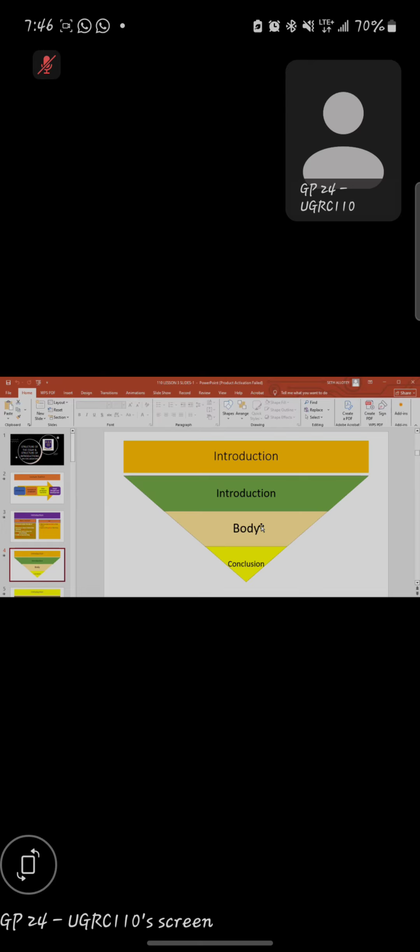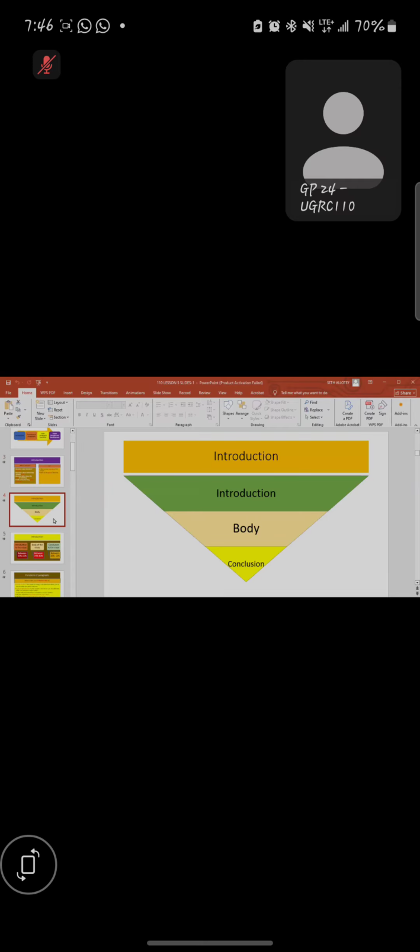The body is where you have a lot of work being done. Then the conclusion leads you straight to the point. That is the tiniest part of the essay. So this is well designed for us to know what the whole thing is about.